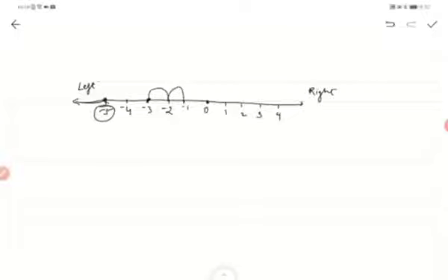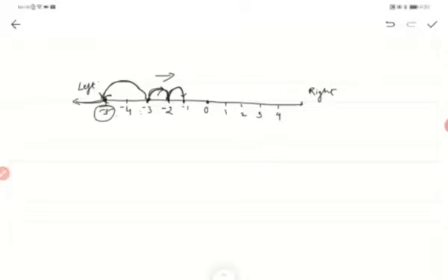1, 2. See, forward means you move to the right side like this. If I say 2 steps backwards or 2 units backward, I will move like this, 1, 2 units moved back. And this is how I have moved 2 steps forward from -3.